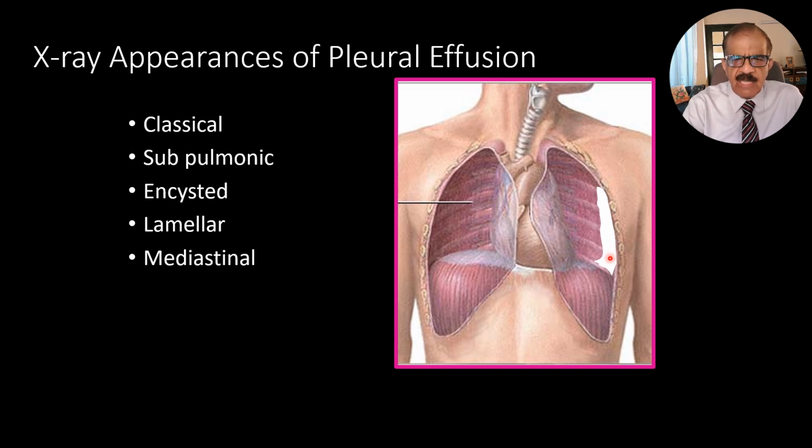Similarly, there could be lamellar effusion along the mediastinum. So there are various appearances of pleural effusion, and I will be mostly focusing on classical because that is what we are going to see. And this could be unilateral, bilateral, small, moderate, large. So I think those are the things we are going to discuss.